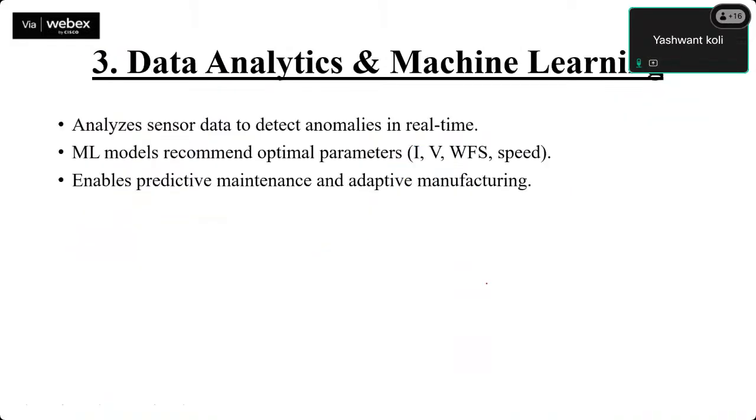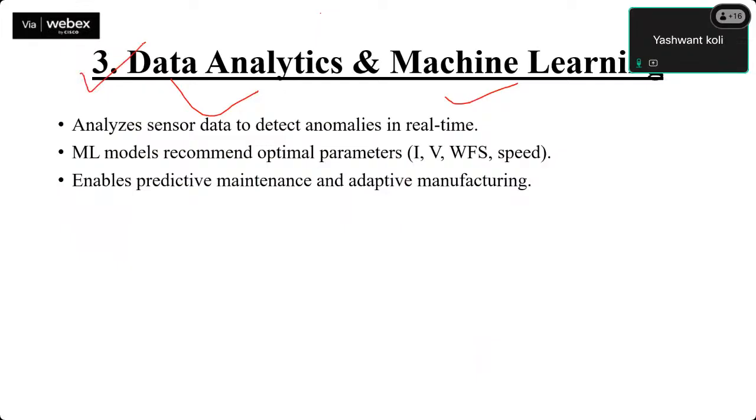Coming to the third part, this is the third important step for smart manufacturing. We have completed two things, and this is data analytics and ML. This is the booming stage of ML. Data analytics and machine learning is very important. It analyzes the sensor data. In the first step, we set the sensors.